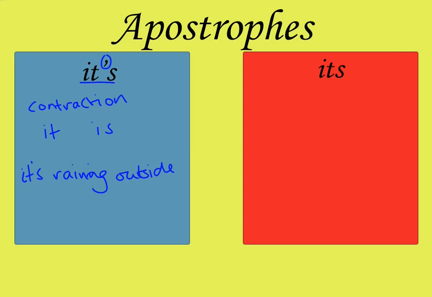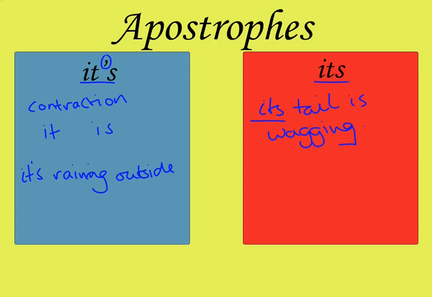Its without an apostrophe, as on the right here, is showing possession, and it shows that something belongs to it, for example, its tail is wagging. So you're kind of saying the tail belonging to it. So that's how it shows possession.